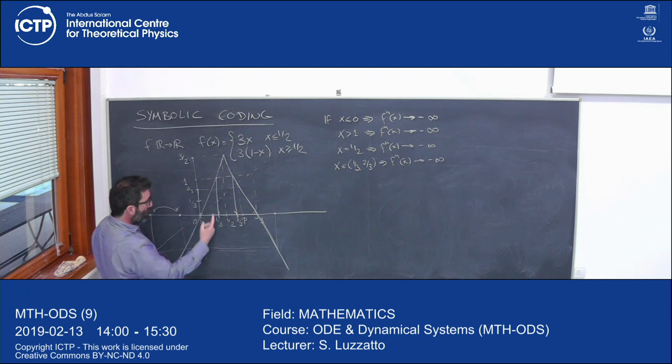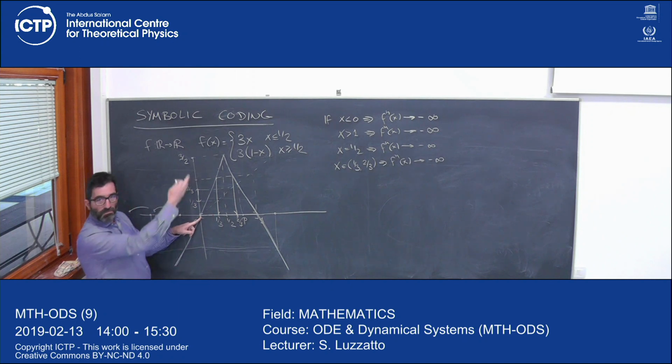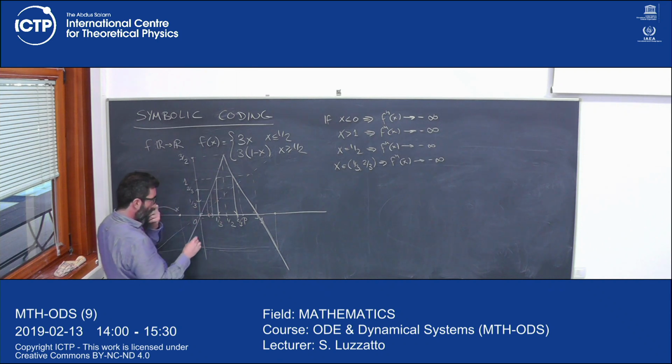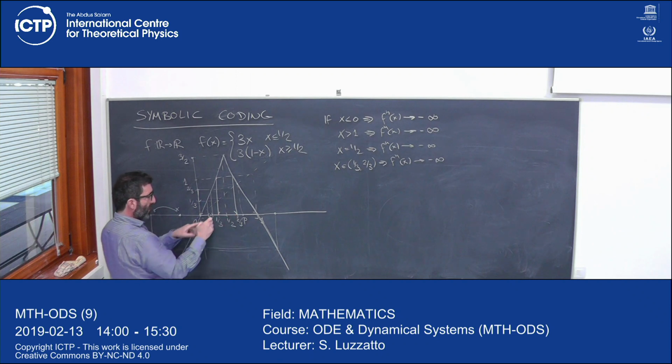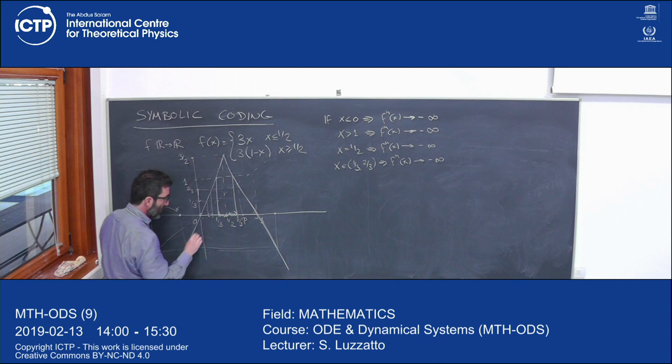So here you can see that if you look at the interval [0, 1/3], it maps onto the whole of [0,1]. Right? So of course there is an interval in the middle, which in this particular case we can calculate explicitly. It's (1/9, 2/9). But the important thing is that there's an interval here in the middle, which maps exactly onto (1/3, 2/3), and therefore this interval escapes, right? So we have an interval that escapes.